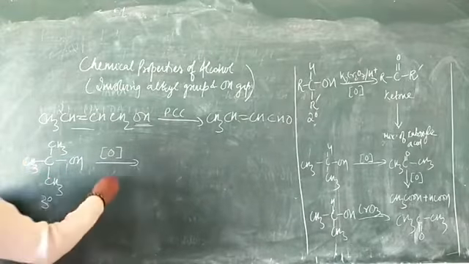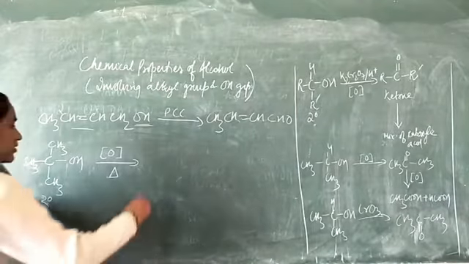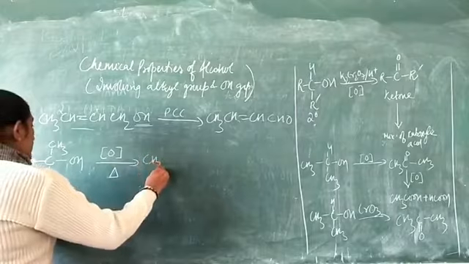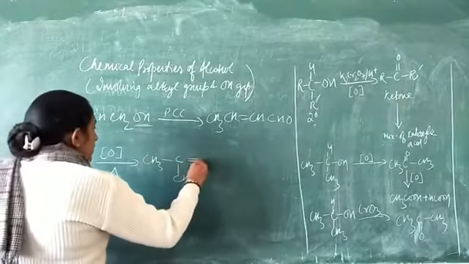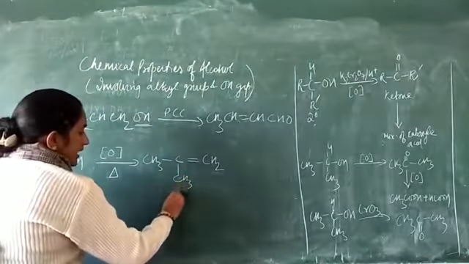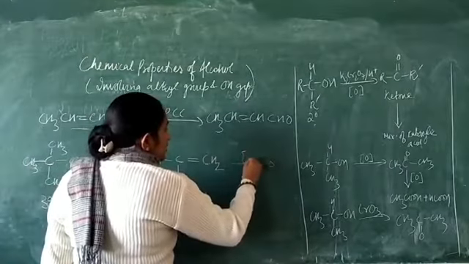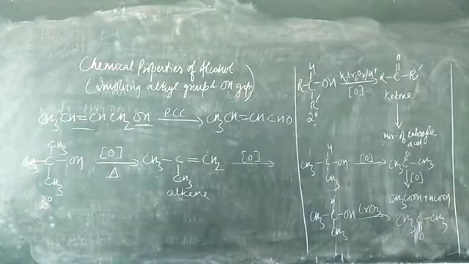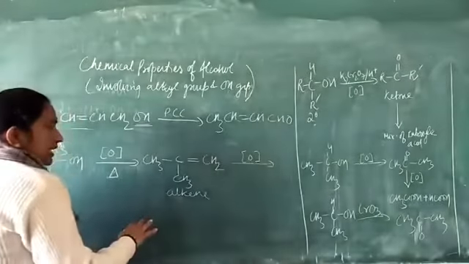So under drastic conditions, along with strong heating, there will be formation of an alkene, CH3, CH3. This alkene will further undergo oxidation to form a mixture of carboxylic acids. We will get a mixture of carboxylic acids here.